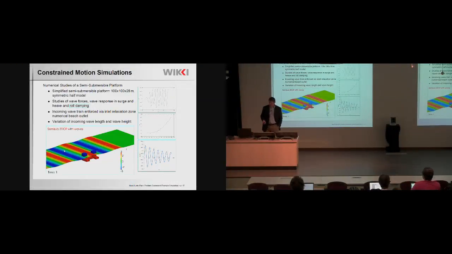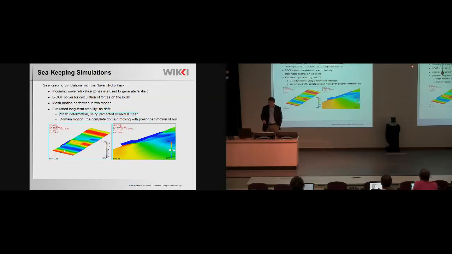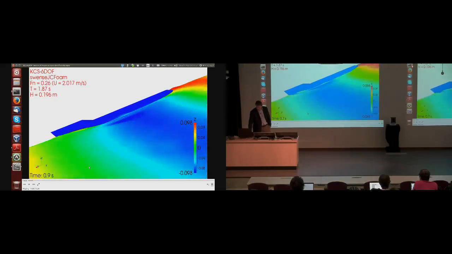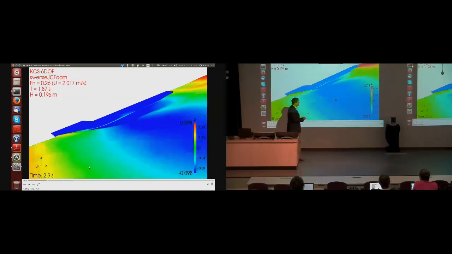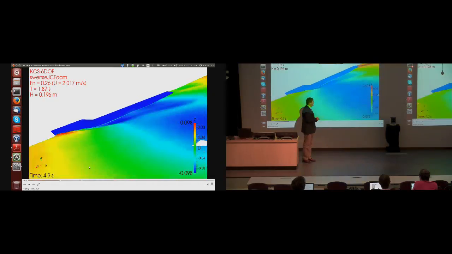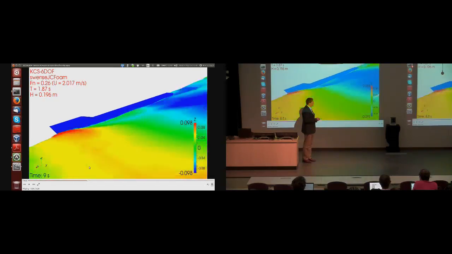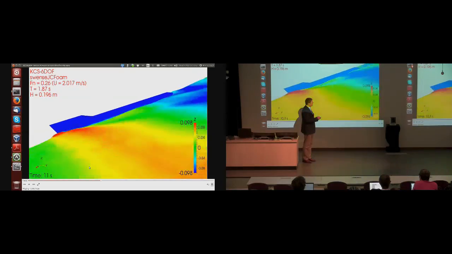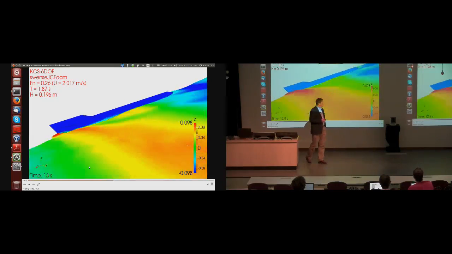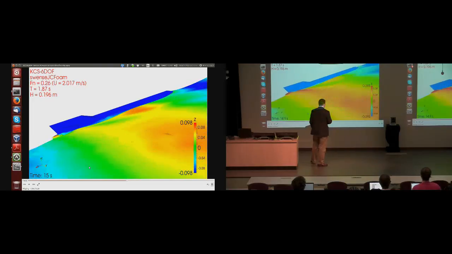More realistic simulations of this type will take something like a ship, which is released in a 6 degree of freedom way, and there are incoming and outgoing waves on that ship, and now you're solving not only the free surface but also the 6 degree of freedom motion of this ship.